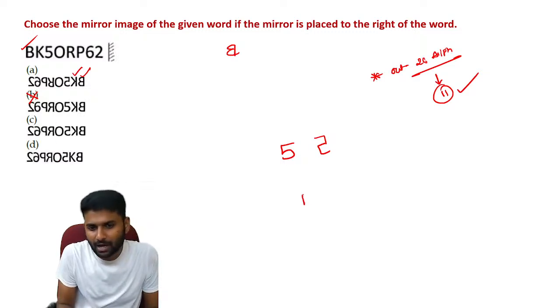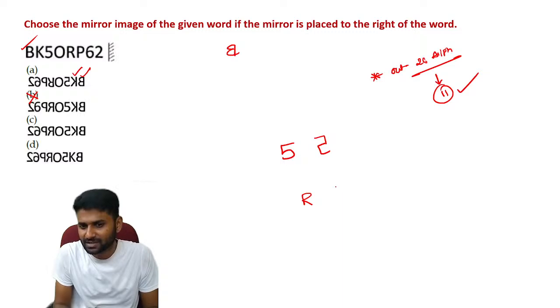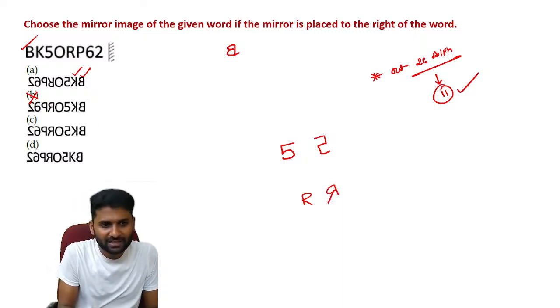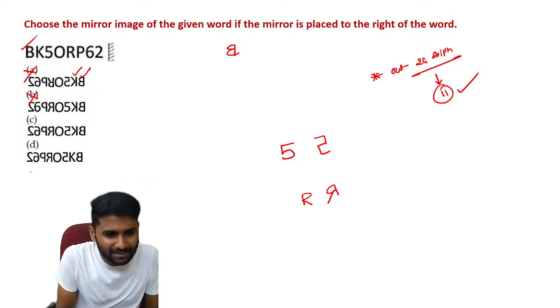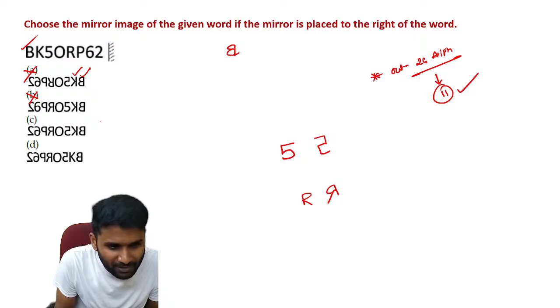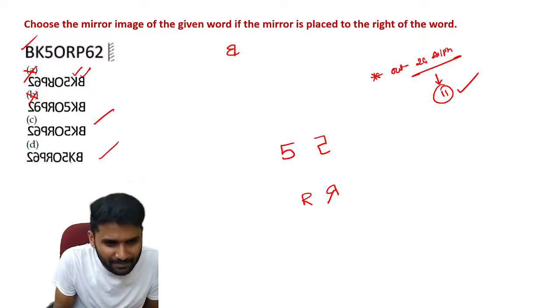Let's start with the R here. Go through the option verification. That is the better approach. R will reflect in this way, so you can eliminate option A. So you cannot eliminate C and D with the help of R and P and 9. So guys, if you observe options C and D, did you find any difference in the question? I think so.